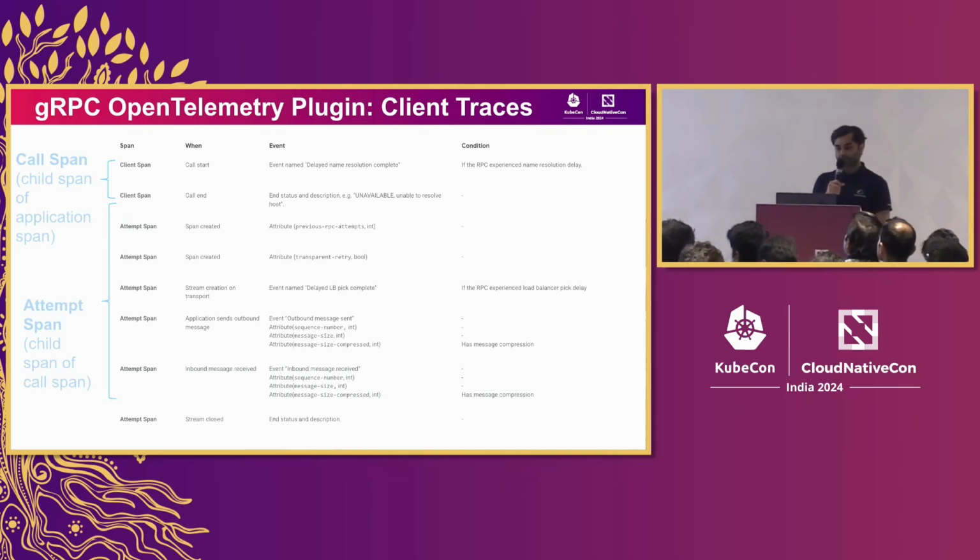Crucially, key context like the trace ID, as Saurabh showed, which was the global key for all the communication that has happened in the request lifecycle, is what gets propagated to wherever the request is going throughout the RPC lifecycle.